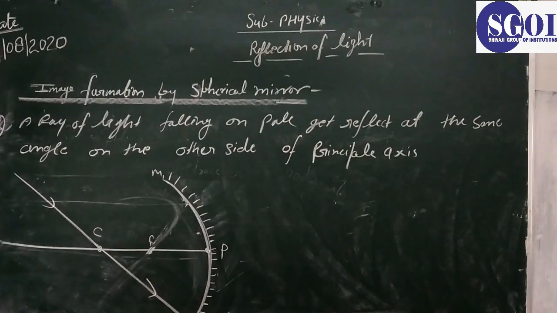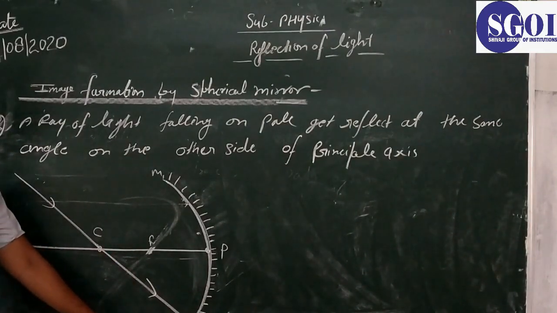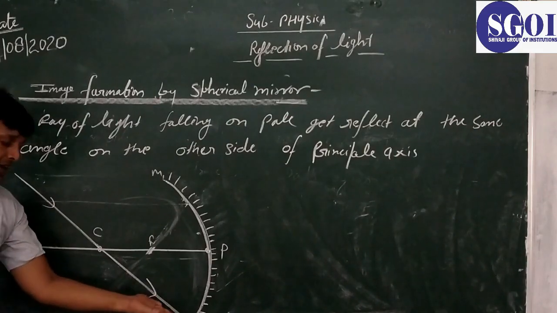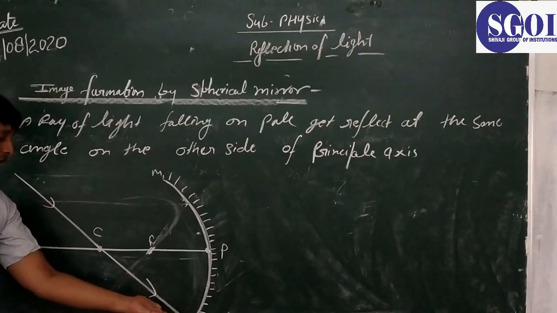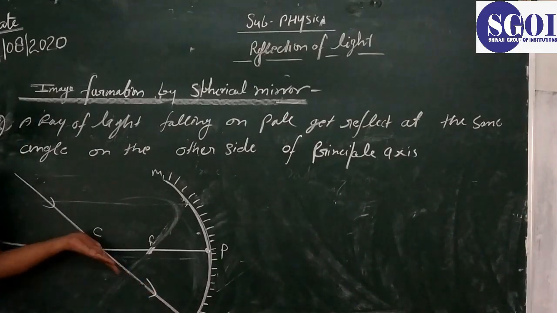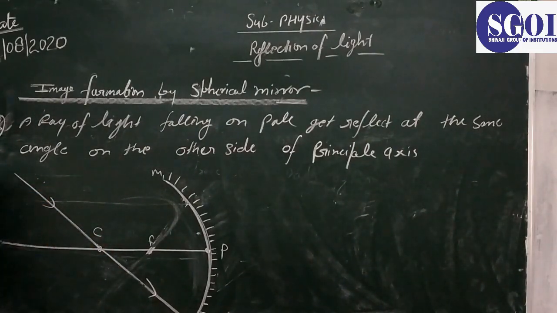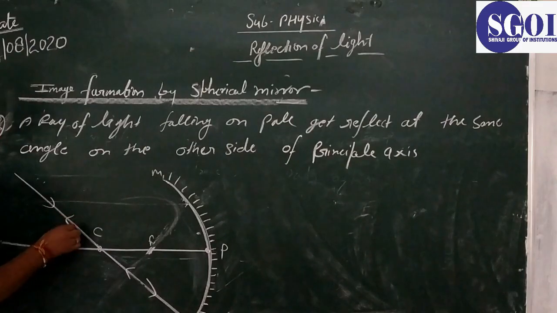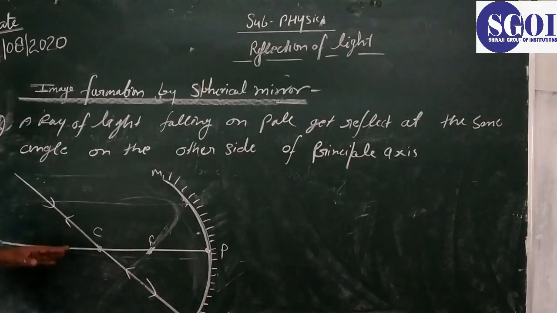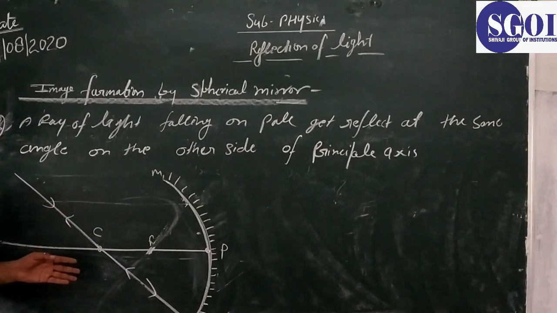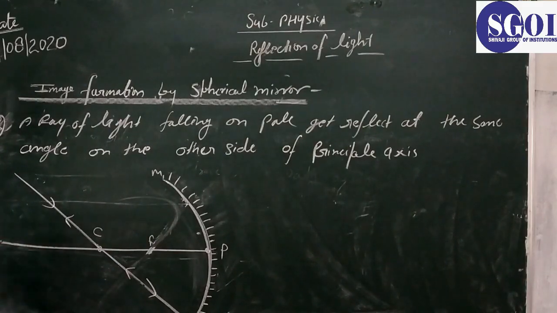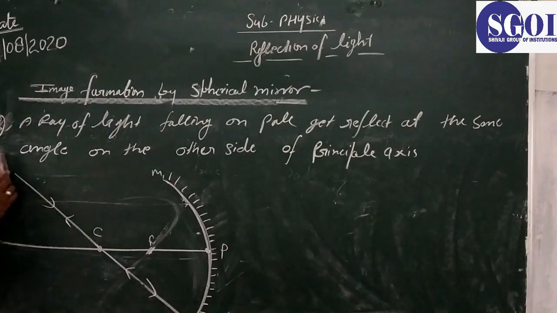After incidence, it goes back in the opposite direction along the same path. Its path is called the retraced path after reflection. This tip is for image formation.